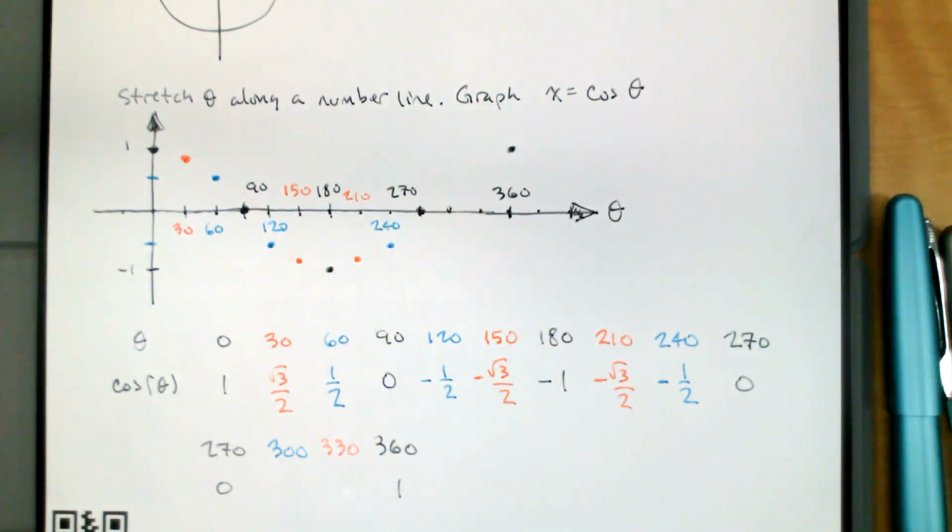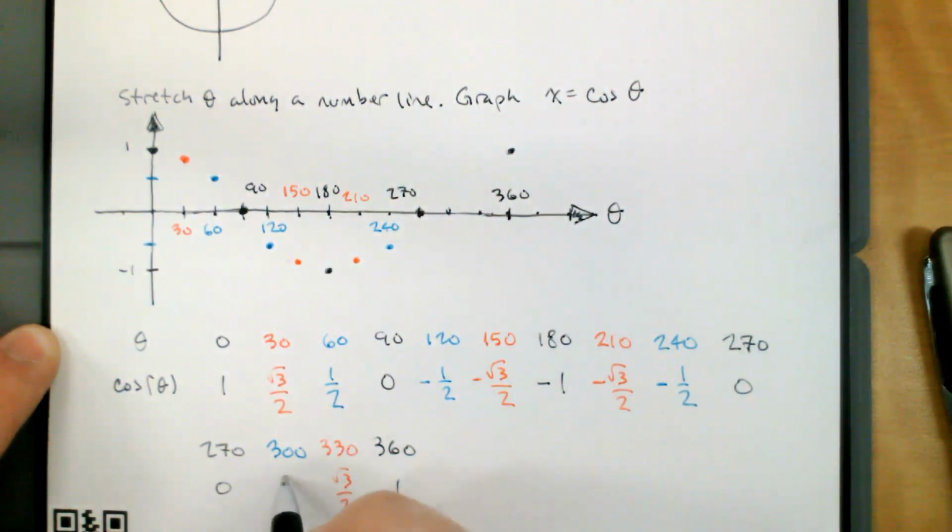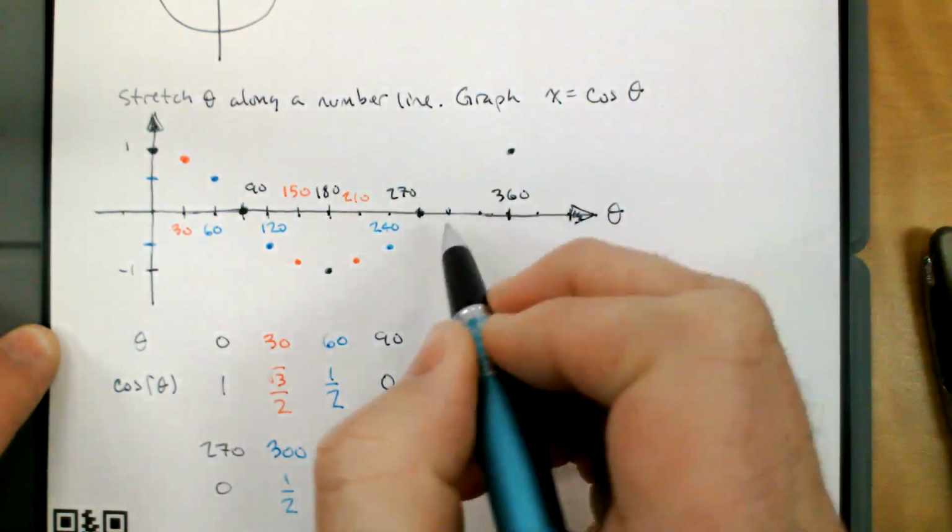We're here in the fourth quadrant where cosine is positive, because cosine is positive where x is positive, so that's the right half of the Cartesian plane. So at 330, we're going to be at √3/2, and at 300, we'll be at 1/2.